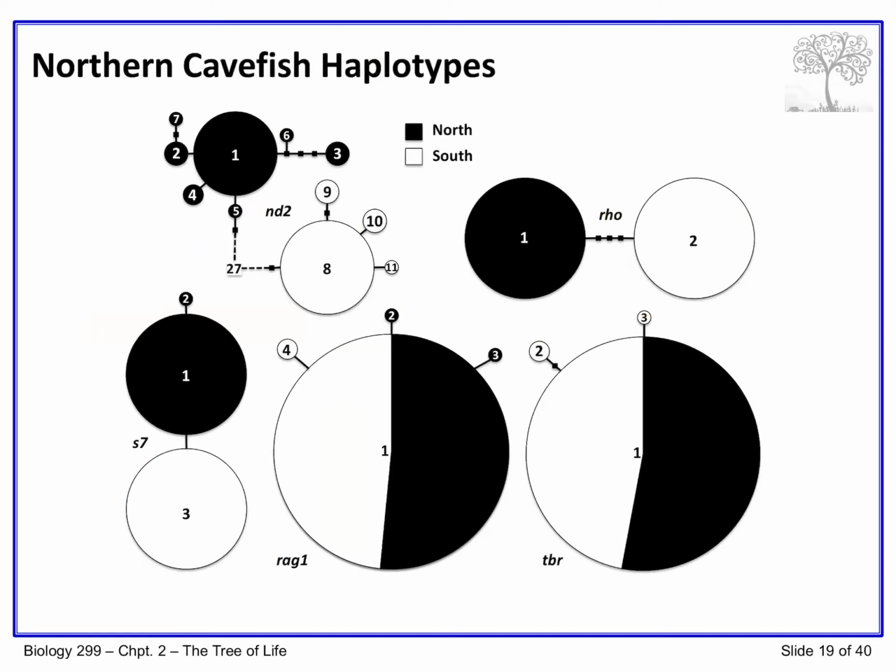Another example of that is from my own research. What you're seeing here is a figure from a paper that was published based on my research back in, I think, about 2012. I worked with a species of cavefish in Indiana and Kentucky, and one of my hypotheses during my dissertation was that the Ohio River, which separates Indiana from Kentucky, was a migration barrier between the Indiana and Kentucky populations of the cavefish.